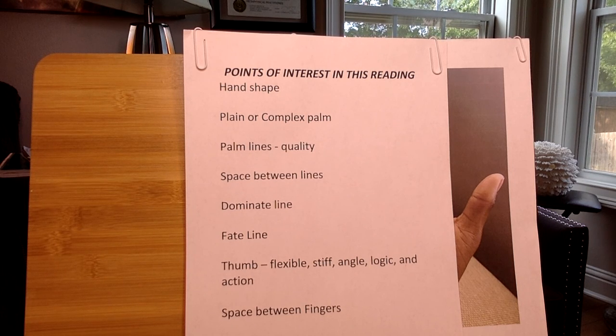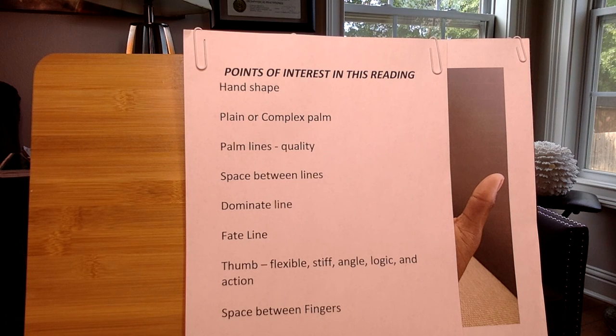Palm lines: what could you say about the quality of the lines that are there? How about the space between the lines? Does it draw your attention that maybe it's a little narrow or a little wider? How about a dominant line? Out of the lines that you see, what stands out more, what seems to pull you in as being more important? Fate line: what can you say about it?